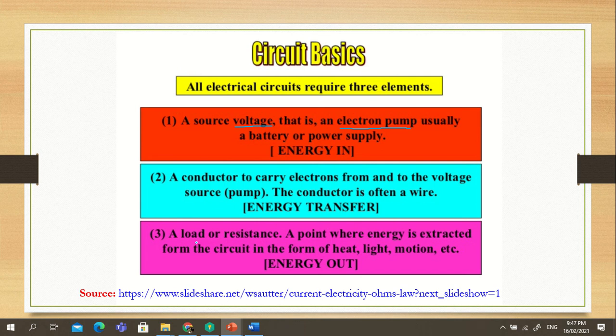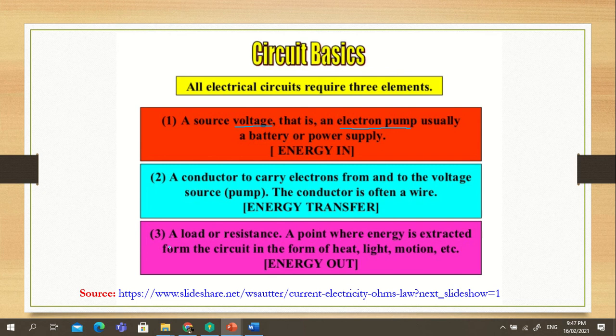It means that anything that consumes or opposes the current flow would be called load or resistance. It is a point where energy is extracted from the circuit.